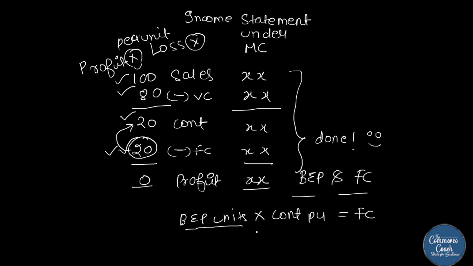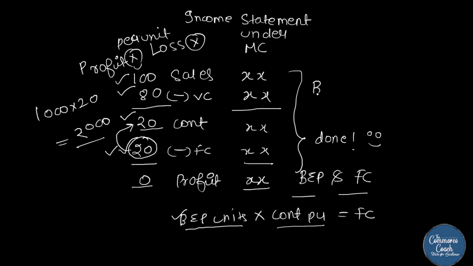If you want to find out fixed cost in amount, you can take BEP in units multiplied by contribution per unit. Contribution per unit is 20. Now let's suppose BEP in units is 1000 units. So you get 20,000 as fixed cost.